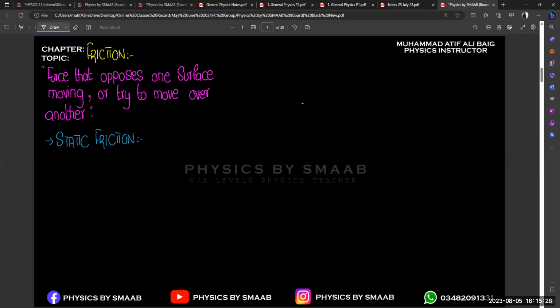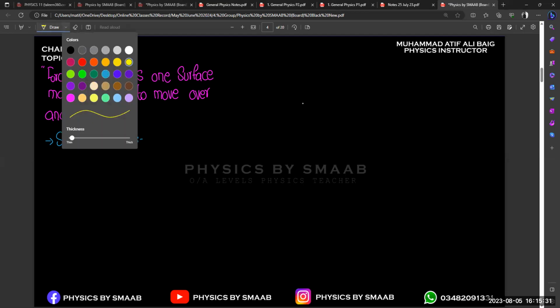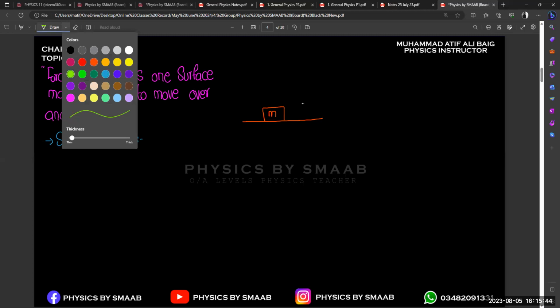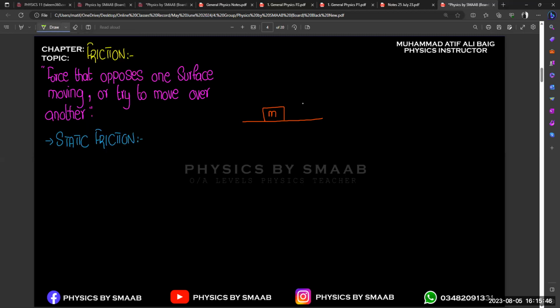Suppose we consider the example of an object placed on a surface like this. Suppose we want to apply a force towards the right-hand side like this, and we denote our applied force with the symbol P.